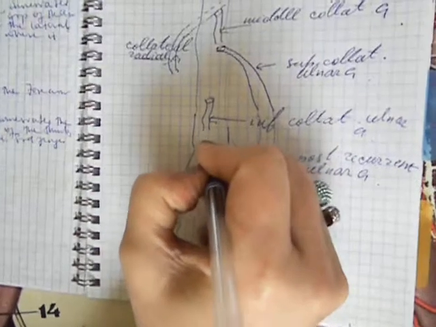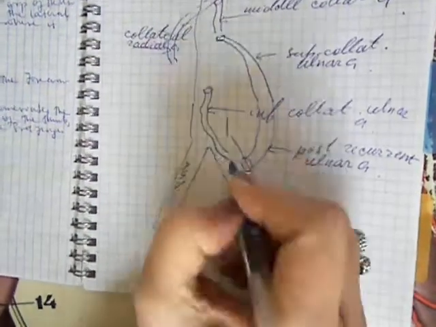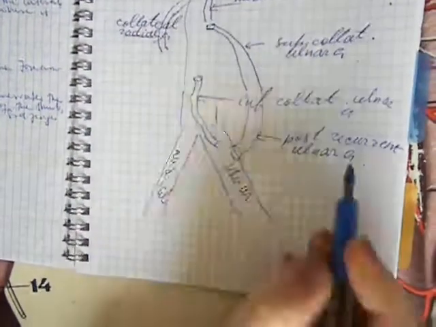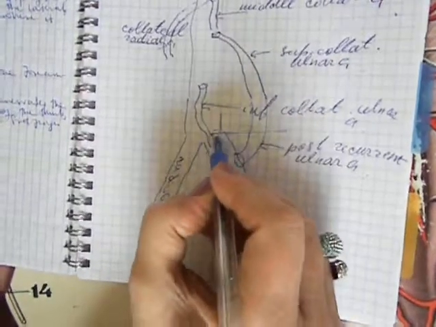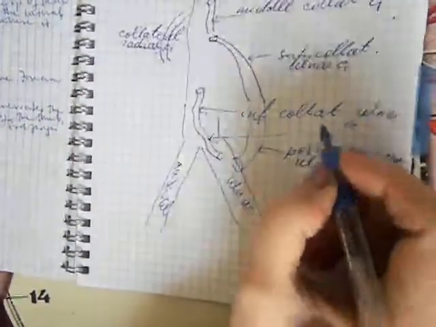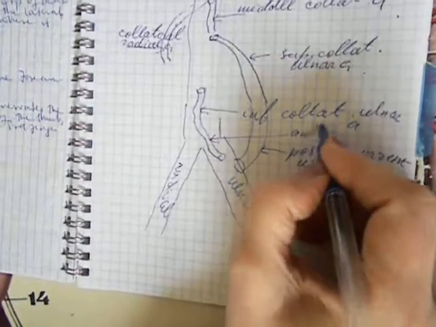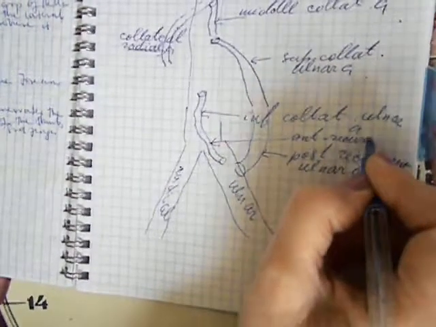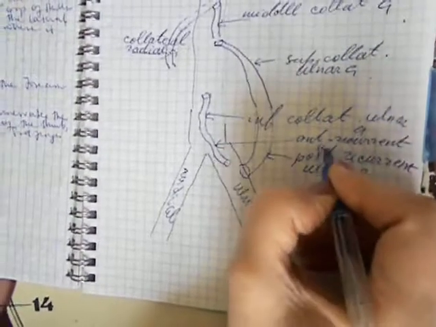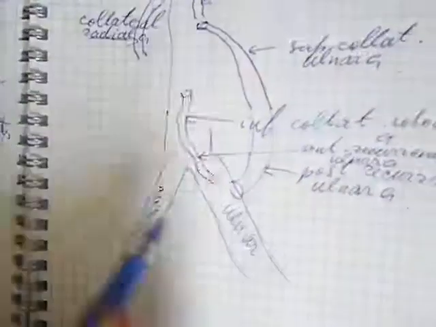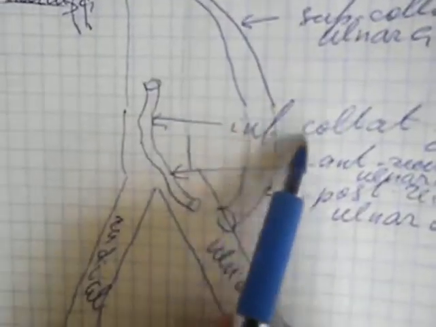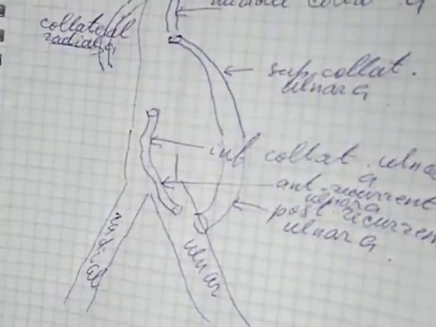Here anterior recurrent ulnar artery, and you see it forms an anastomosis with inferior collateral ulnar artery.